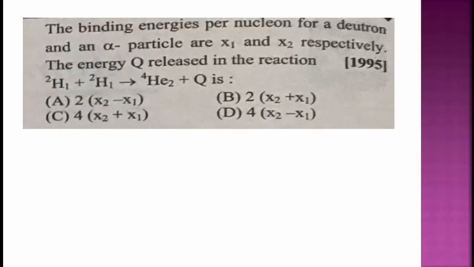The binding energies per nucleon for a deuteron and an alpha particle are x1 and x2 respectively. The energy Q released in the reaction.